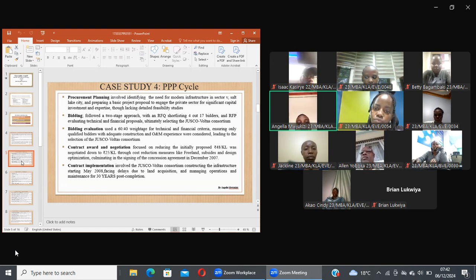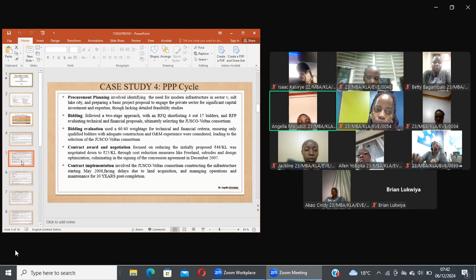The bidding process in this case study followed a two-stage approach with request for qualifications, shortlisting 4 out of 17 bidders, and a request for proposals, evaluating the technical and the financial proposals.